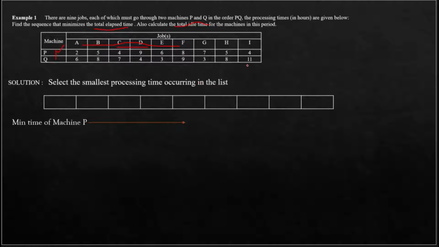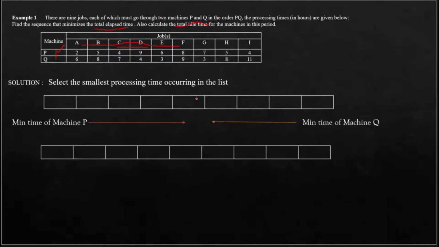If you identify the least time job in machine 2, the Q machine, we write the job sequence from right to left. Like this, we identify the smallest time from all 9 jobs, and based on the time we record the jobs in that sequence.